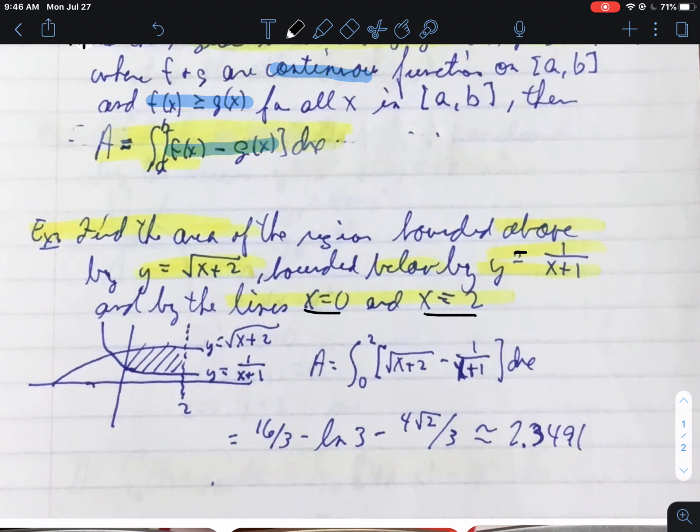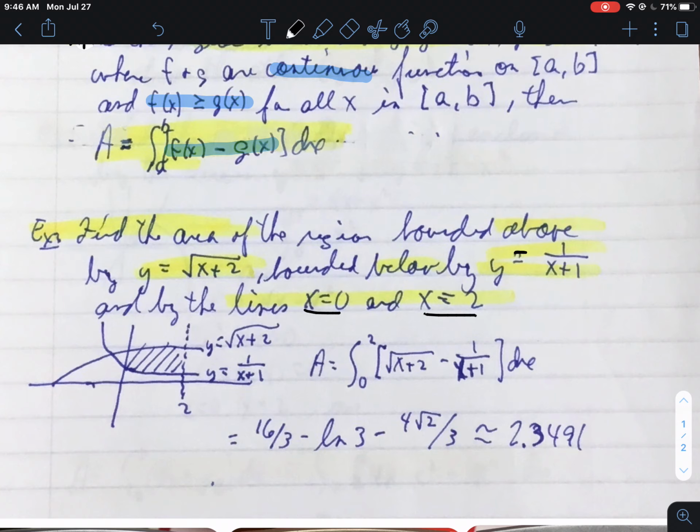In general, I would have to know that over the specified interval which function lies above and which lies below, so that when I set up my integral, I'm always subtracting the upper function minus the lower function. So you may need to graph it to get a visual. In this case, we're told we are bounded above by y equals square root of x plus 2 and below by y equals 1 over x plus 1 over our interval from 0 to 2.